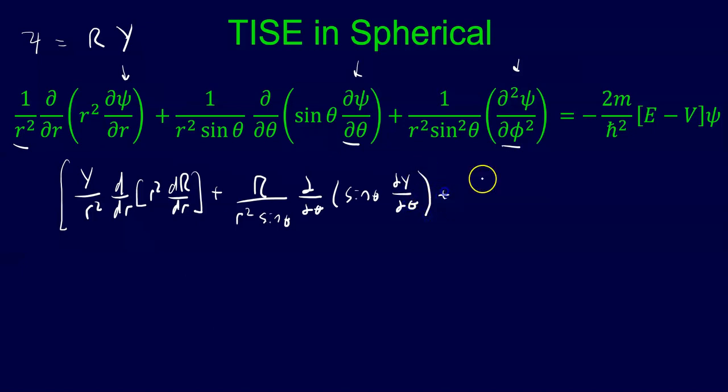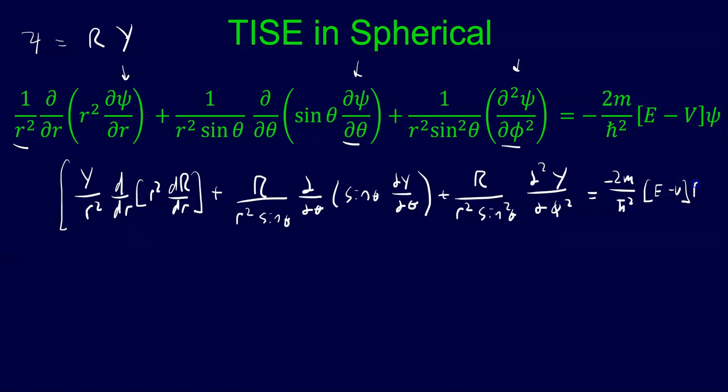So we write it like this. And then over here, little r squared sine squared of theta, partial squared of Y over phi squared. And then on this side, we're going to get the 2m over h bar squared, E minus V, and then here I'll just write this out as R Y.